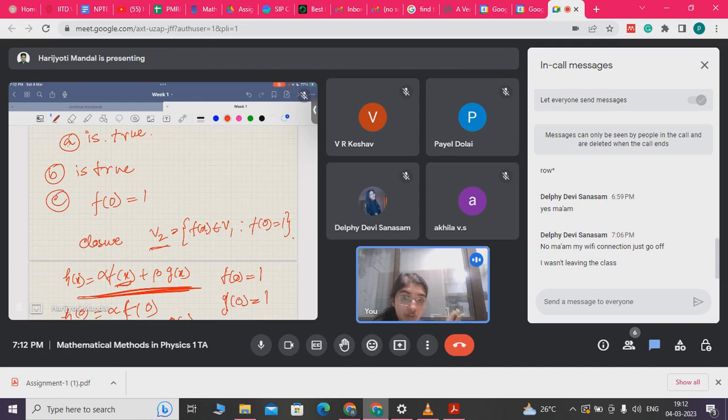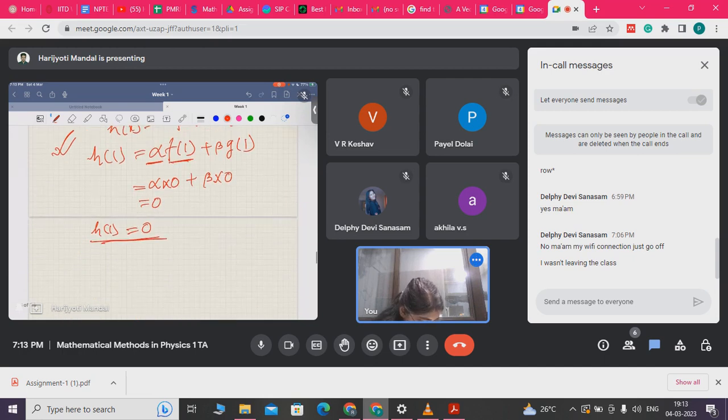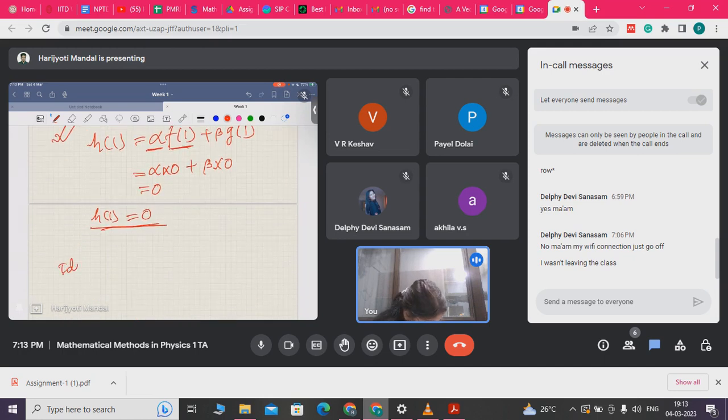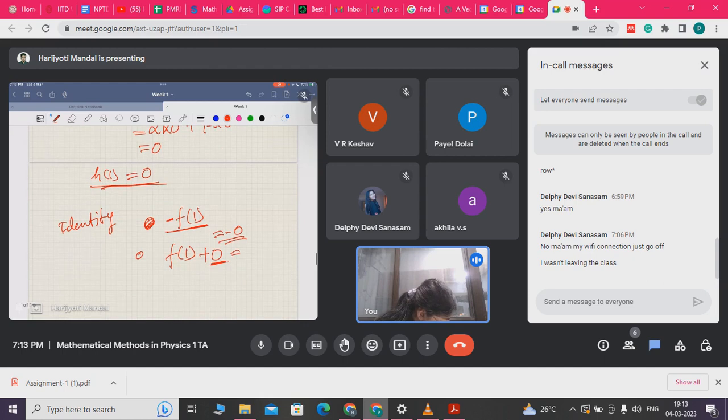Here, when you see that C is not satisfying, D is satisfying. But there is a difference between those two. There, at x is equal to 0, f(0) is equal to 1, but h(0) doesn't come 1. Here, the 0 vector identity and inverse will also satisfy for f(1) equal to 0, like the inverse will be minus of f(1), so that will also be 0.